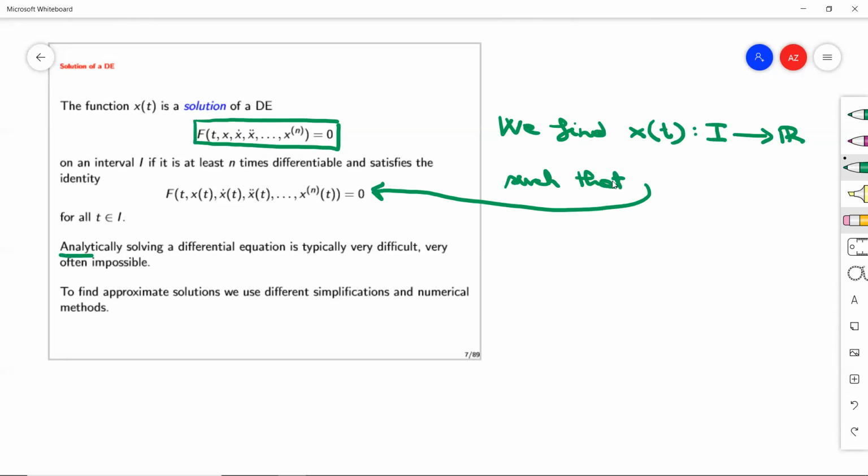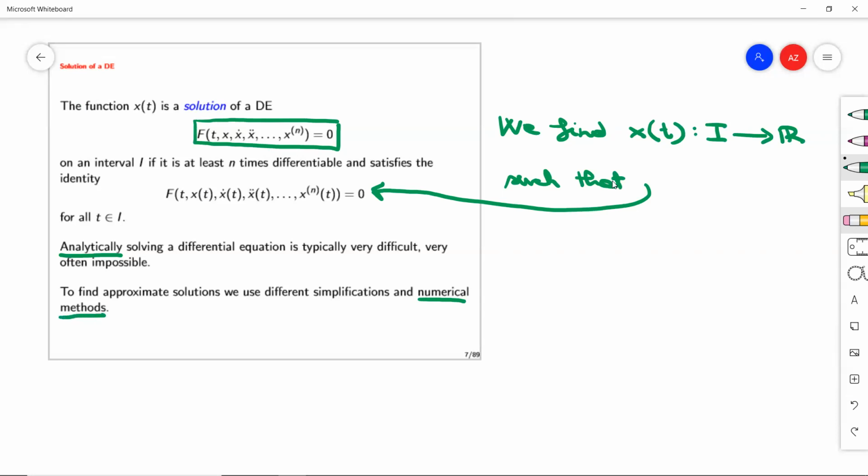So analytically, it's not very likely we will be able to solve for x of t explicitly. Today we will learn some techniques how to solve such a DE analytically, but in most practical applications, the differential equations are too complicated to solve analytically. But we will study numerical methods which approximate the solutions.